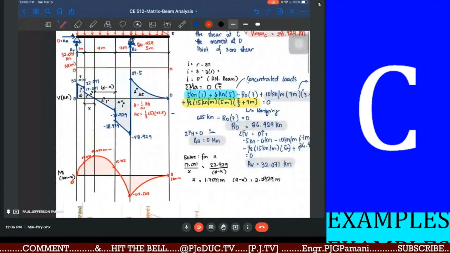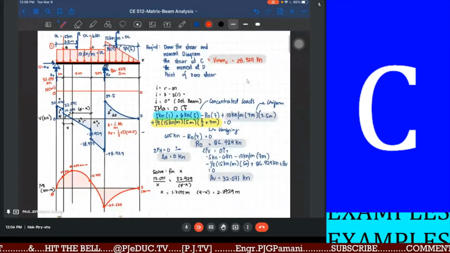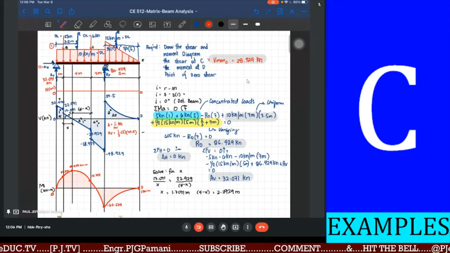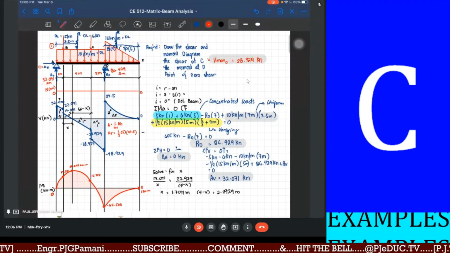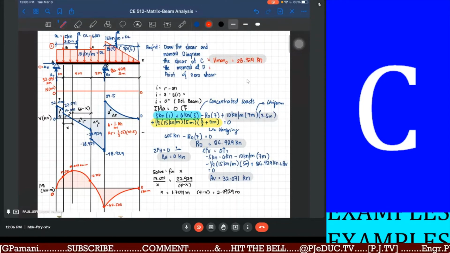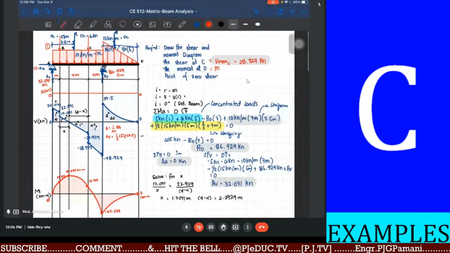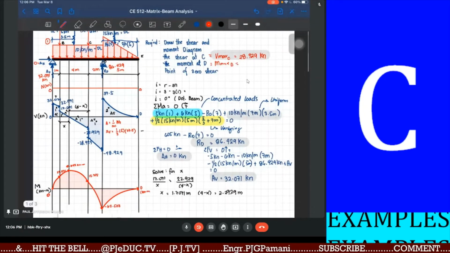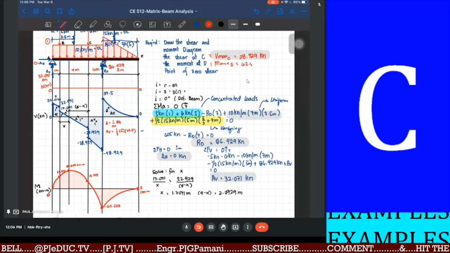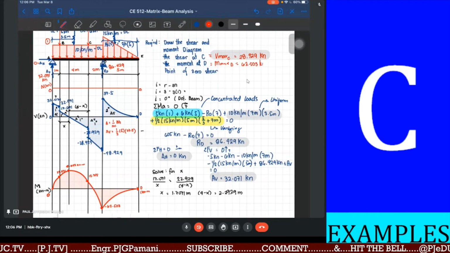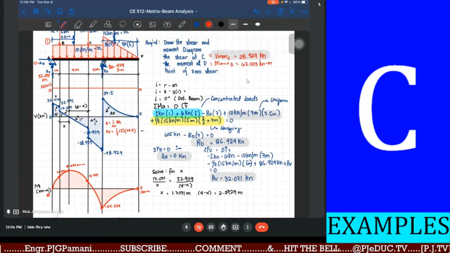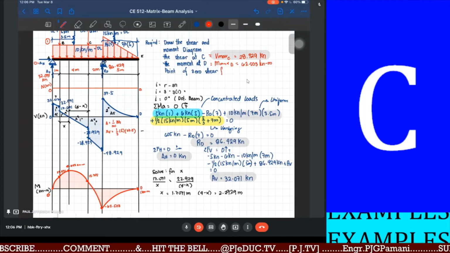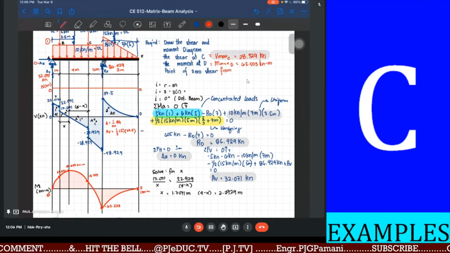Now, the questions, what is now the moment at point D? So what is now the maximum moment found at point D? The maximum moment at point D, based on our figure, is 62.503 kilonewton meter.